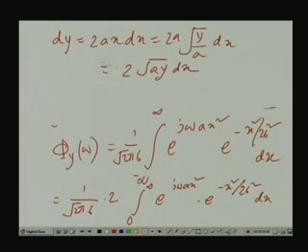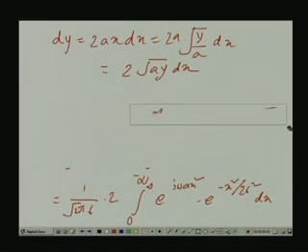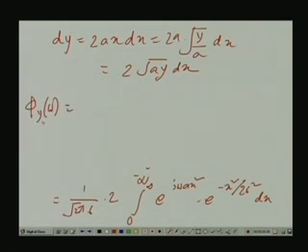So, dx is nothing but dy by twice square root a y, and the first quantity is e to the power j omega y. Okay. So, you can always write it like this. There is a 2, but that will cancel with this 2.